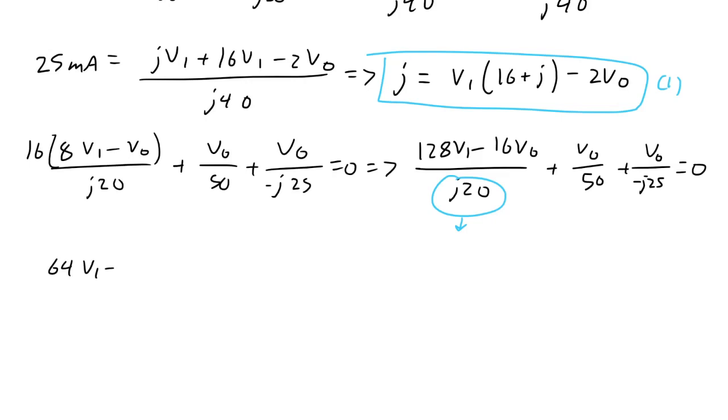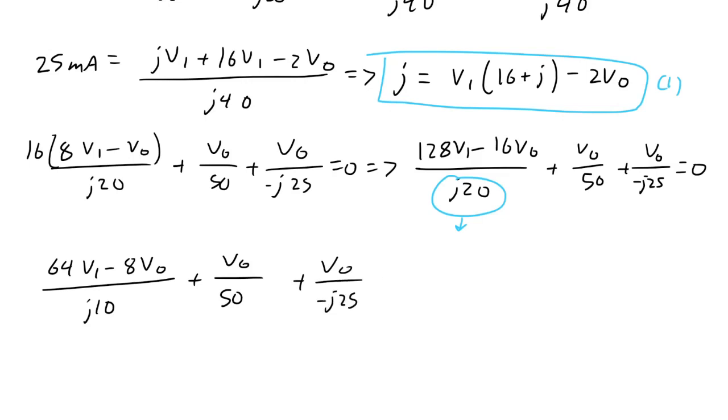64 V1 minus 8 VO over J10 plus VO over 50 plus VO over minus J25 equals 0.